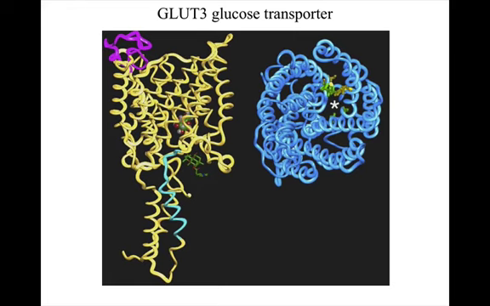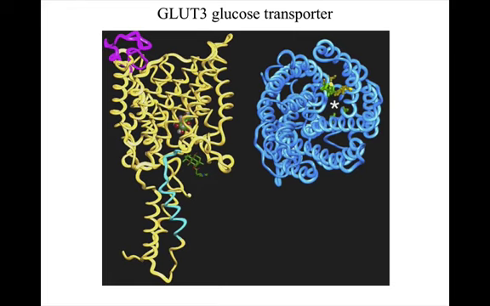Here's a somewhat more realistic drawing of this glucose transporter protein. On the left is a view from the side, with the outside of the cell at the top and the interior at the bottom. And on the right is a view looking down on the protein from outside the cell wall. The pore for the glucose molecule is marked by an asterisk.